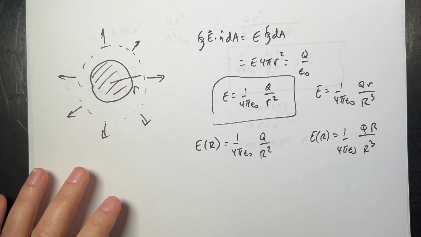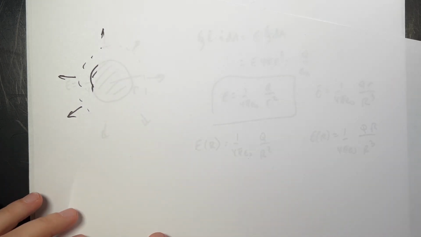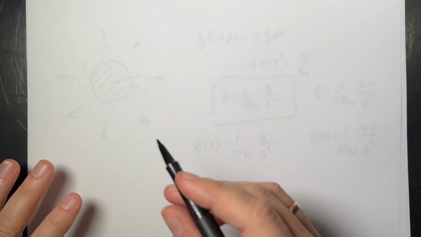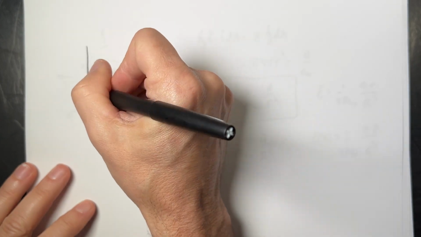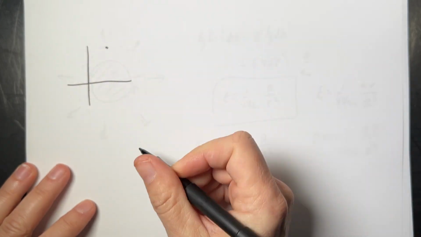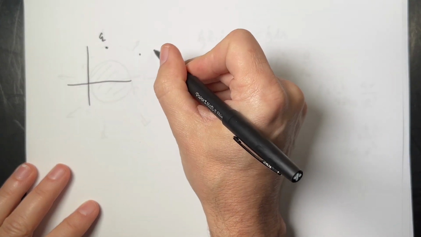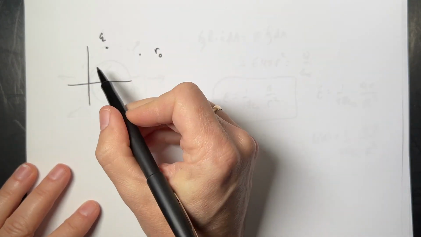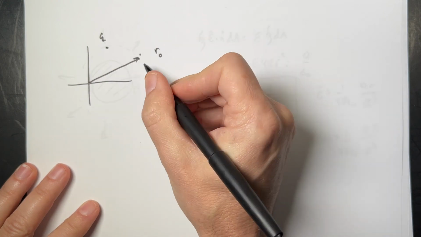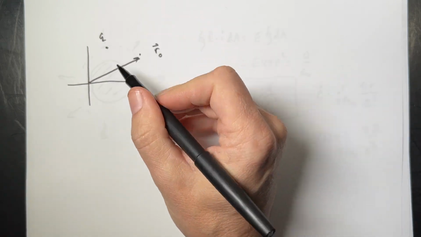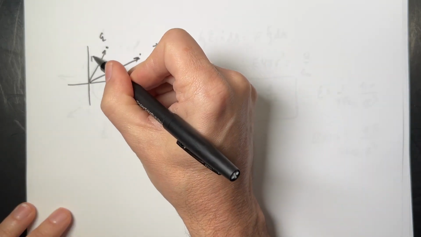Now let's do this again without using Gauss's law. Remember that if I have a point charge right here, Q, just a tiny little point charge, and I have an observation location, r_O, right here, that's the vector r_O, and let's call this the vector r_Q.